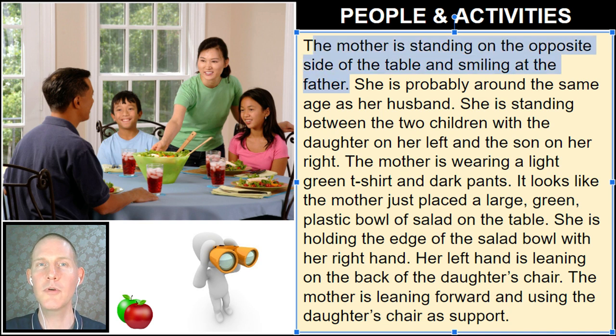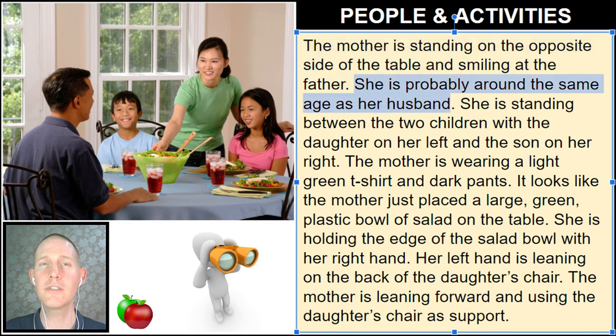Okay, let's do some pronunciation. Repeat after me. The mother is standing on the opposite side of the table and smiling at the father. She is probably around the same age as her husband.